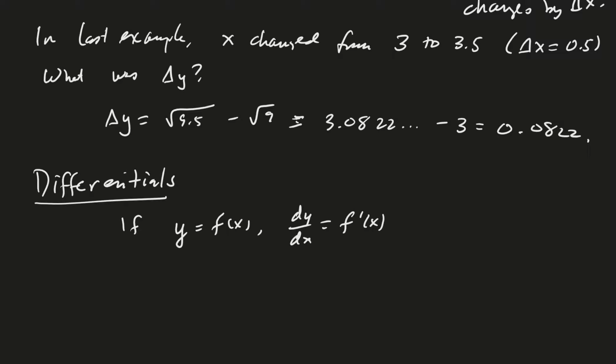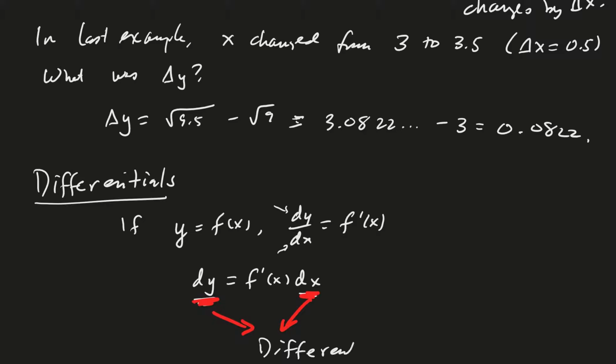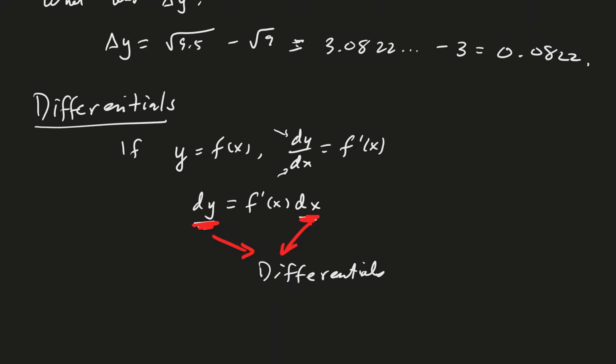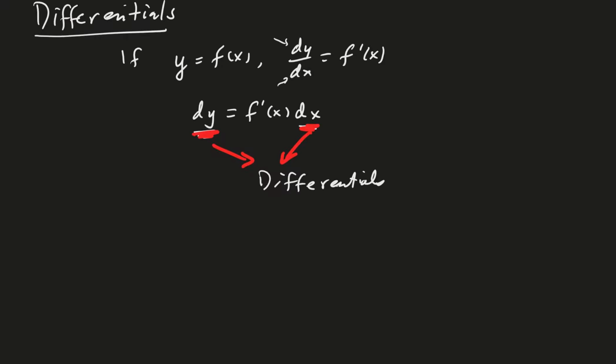The way Leibniz thought about the derivative, these things here, dy and dx, are actual little numbers, and so dy over dx is an actual fraction. And so if we write dy equals f prime of x dx, these quantities, the d's, are called differentials. The differentials are the little quantities here.